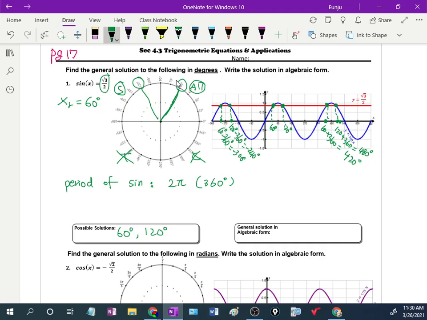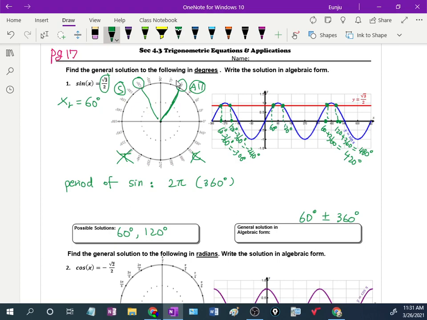So to write general solutions in the algebraic form, I can describe it this way. 60 degrees plus or minus a multiple of turns, right? Multiple of 2 pi turns. So I will put 360 degrees times, what letter would you like to use?